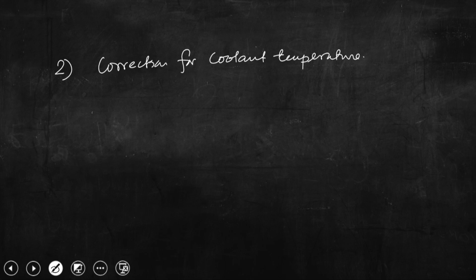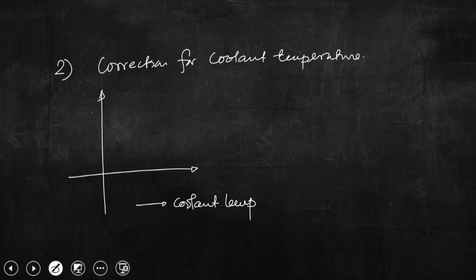Okay. If we go to the next one, that is correction for coolant temperature, that is engine water temperature. Again, if I draw the coefficient graph, this is coolant temperature, or CT, and this is beta CT, the correction coefficient or correction factor for coolant temperature.